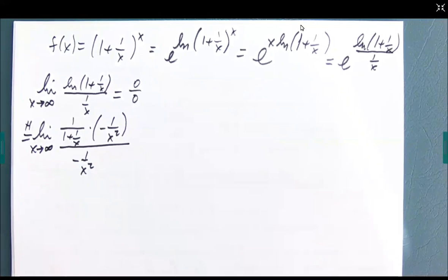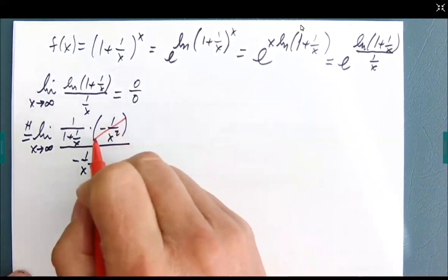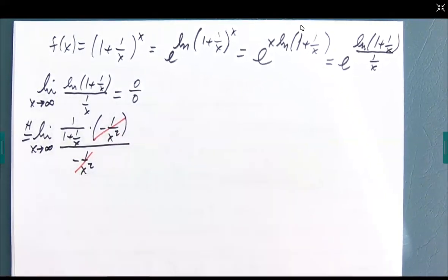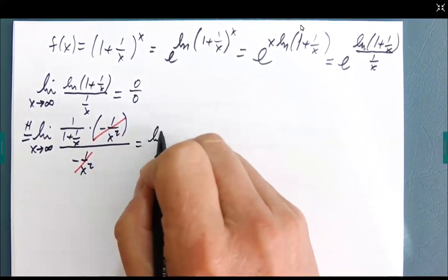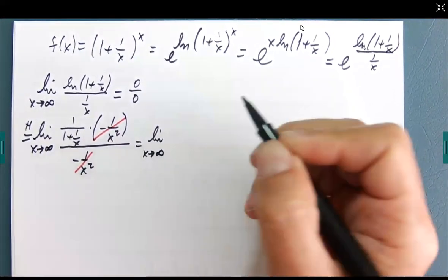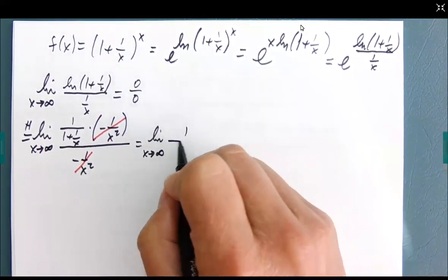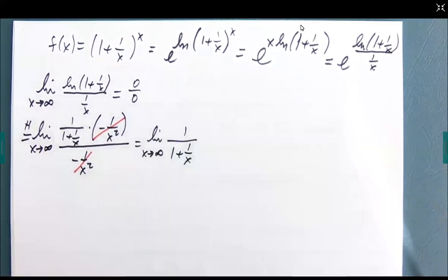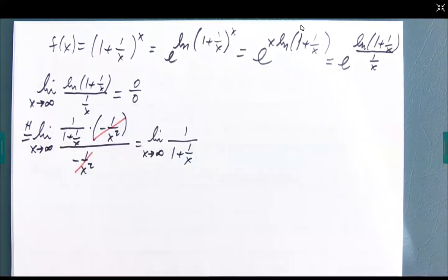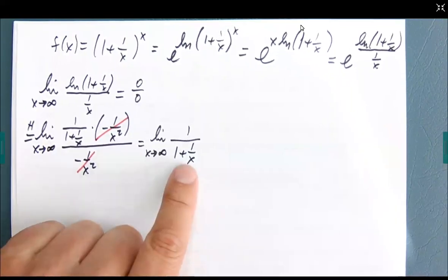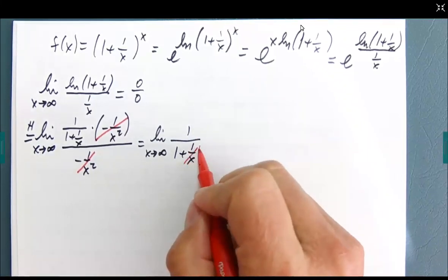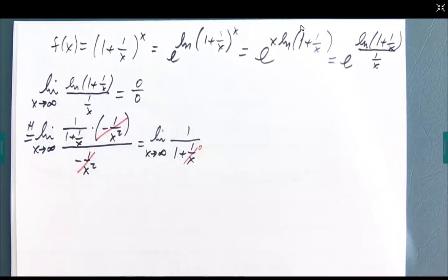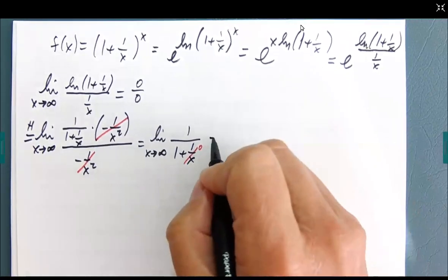And we will notice that goes away. This we can deal with. Now I'm going to notice that as x gets really big, that whole piece right there goes to 0. So what's the limit? This is a 1.